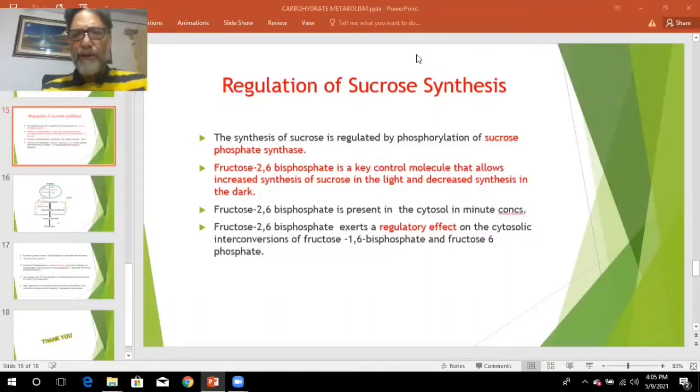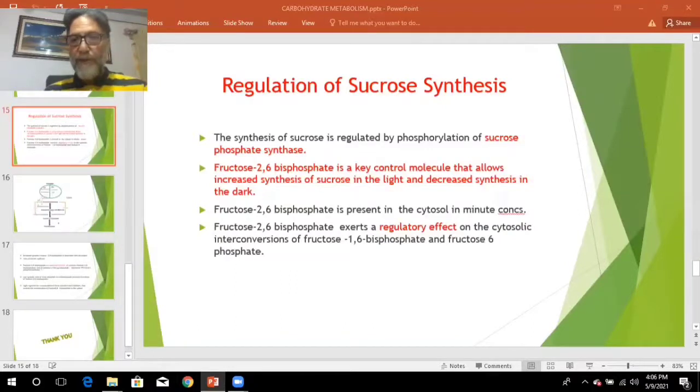They are in minute concentrations and they exert a regulatory effect on the cytosolic interconversion of fructose 1,6-bisphosphate and fructose 6-phosphate, because these two things are very important. Fructose 1,6-bisphosphate will be converted into fructose 6-phosphate, and fructose 6-phosphate is a basic ingredient for the synthesis of sucrose in mesophyll cells.